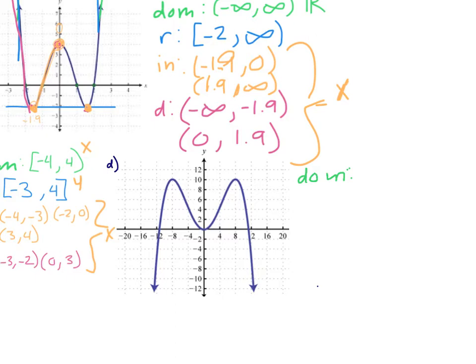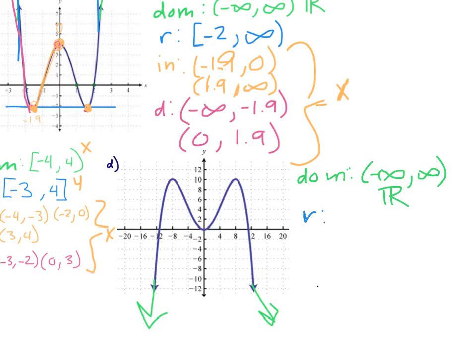We have these arrows, so it's going forever in that direction. So our domain starts with negative infinity, and it ends in the right direction, so it keeps going forever, so it ends at infinity. We put parentheses there, and this also can be written as all real numbers.